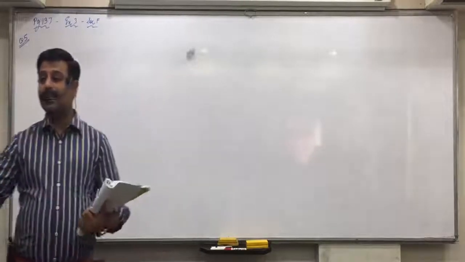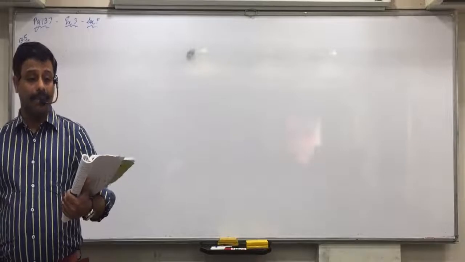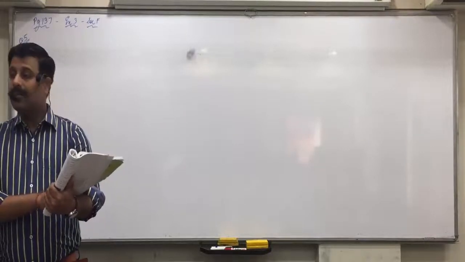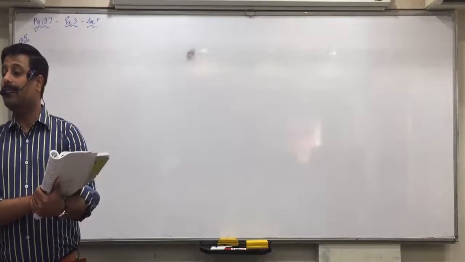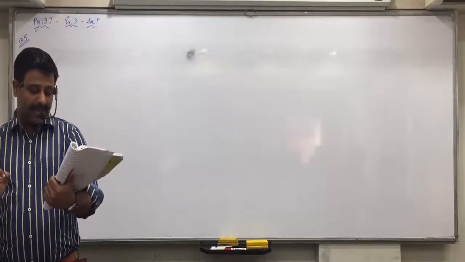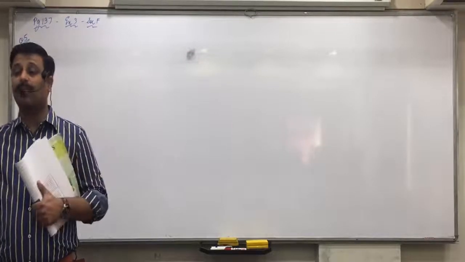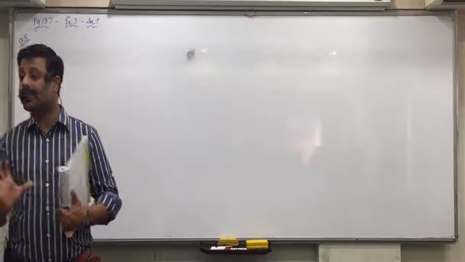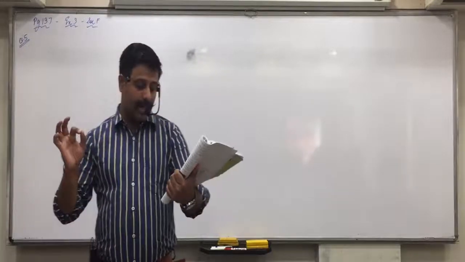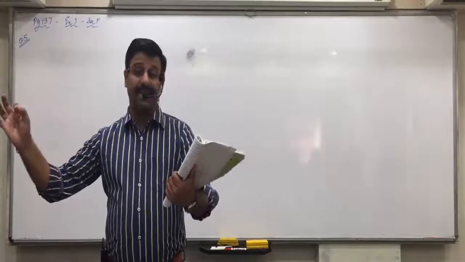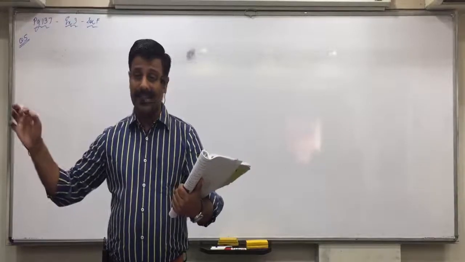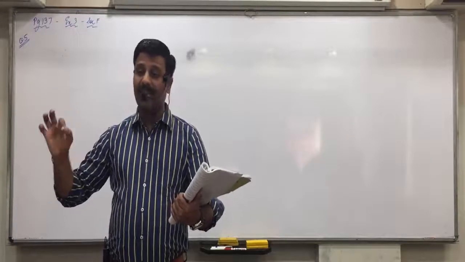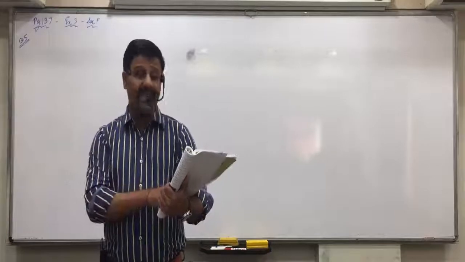Means P of X less than X1 is equal to 75 by 100. Because 75% of students have scored less than X1 marks, and that X1 marks are asked. So mark it as X1. So here to find X1 where P of X less than X1 is 75 by 100.